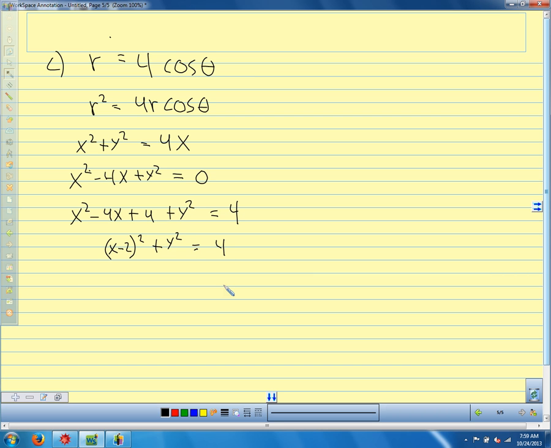So this equation is a circle with a center at (2, 0), radius 2. If we were working with this in polar coordinates, this equation would definitely be easier to work with, I think, than this for a circle.